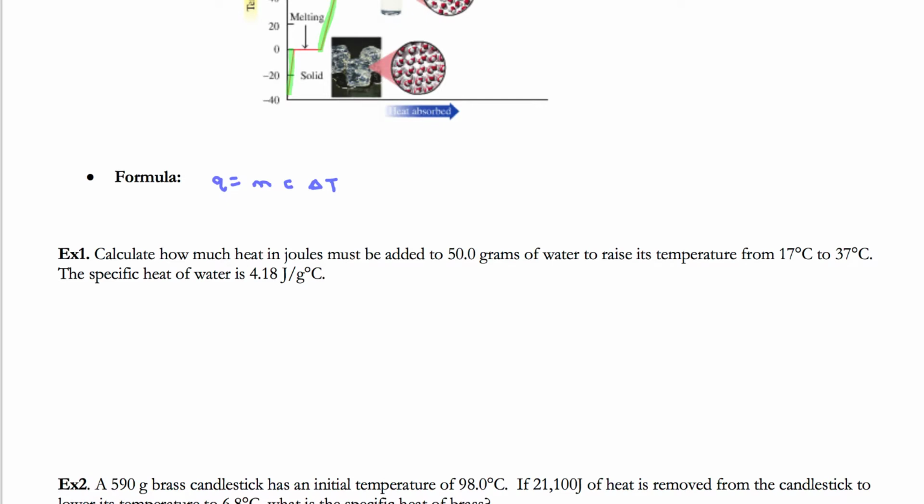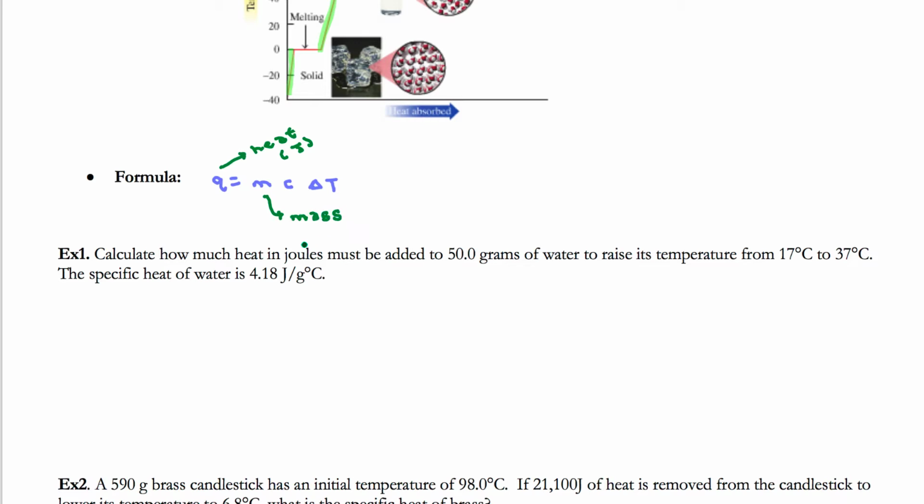So let's talk about what each of these variables represents. Q is your heat. So the amount of energy transferred that is required for the temperature of a substance to change. And the units for that are joules. M, as you probably suspected, is mass.